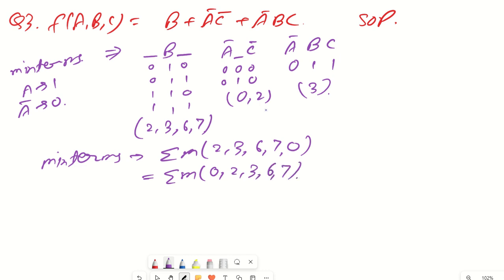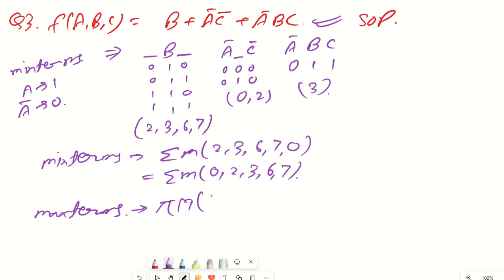What would be the max term expression if I want? So max term expression will be multiplication of capital M, and what are the missing terms that we can write down. Hope you now have a very good understanding of converting your functional form into min term expression or max term expression canonical forms. So what is the missing term here?